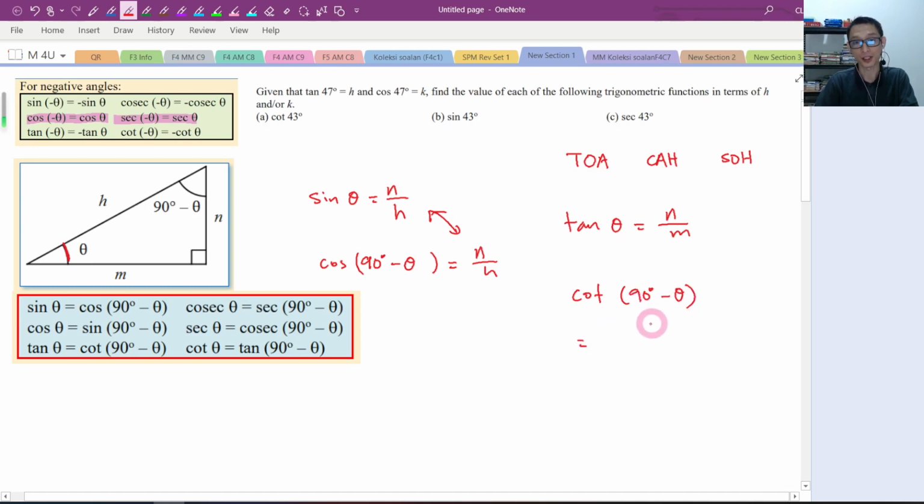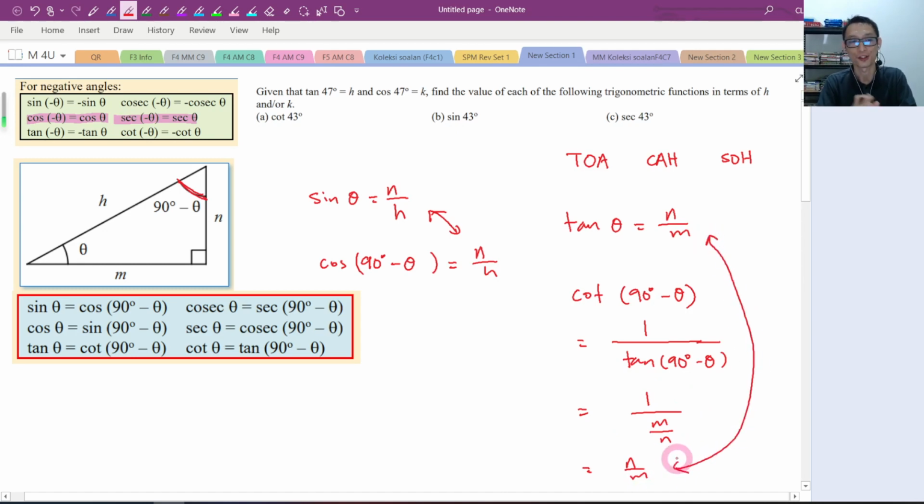Cotangent of 90 degrees minus theta is equal to 1 over tangent of 90 degrees minus theta, right? Now, let's focus on this angle. TOA, opposite over adjacent, so this is 1 over m over n, which is equal to n over m. You see, they are equal to each other. So remember, sine and cosine are one group, tangent and cotangent are one group, secant and cosecant are one group.